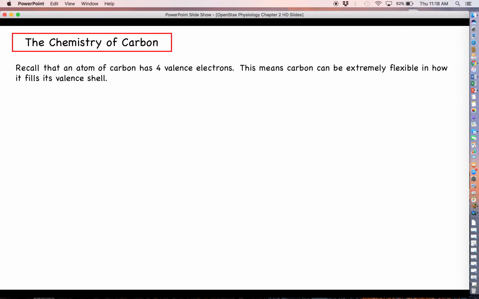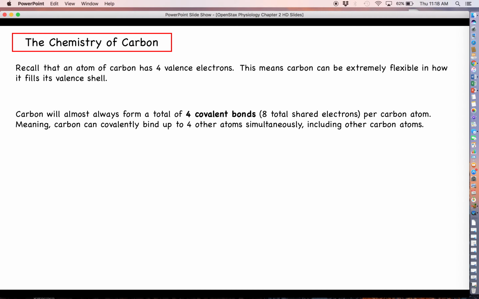It turns out both of those are going to be kind of hard to accomplish. So carbon is very much not a good candidate for forming ionic bonds. As it turns out, it is going to form covalent bonds. Every carbon atom is going to want to form a total of 4 covalent bonds, meaning each of its 4 valence electrons is going to participate in a shared covalent bond, meaning it should end up having a total of 8 shared electrons per carbon atom.